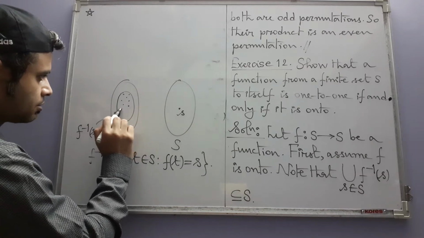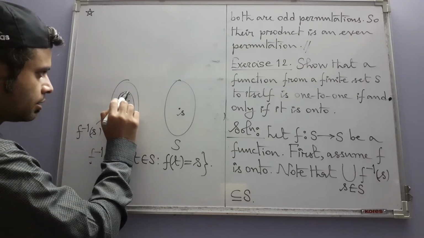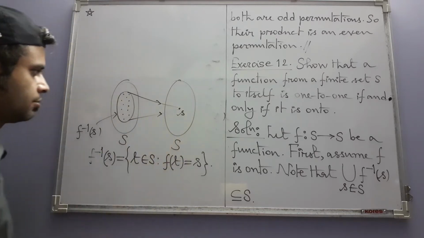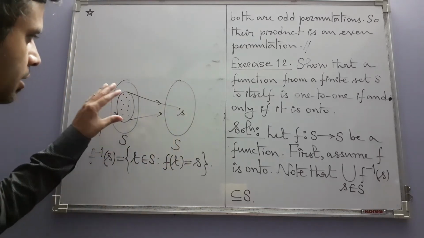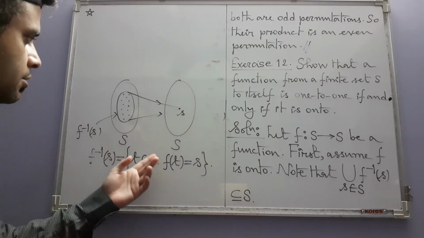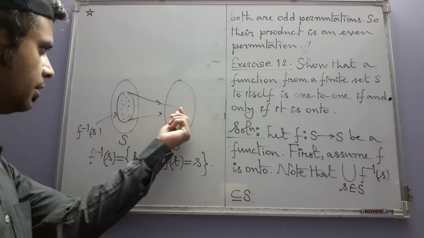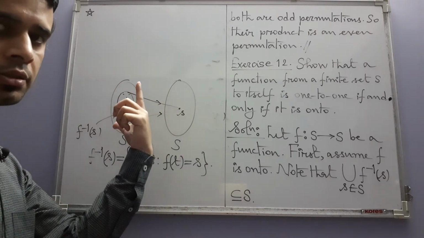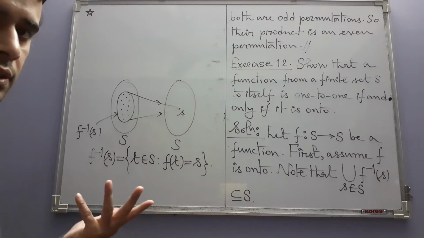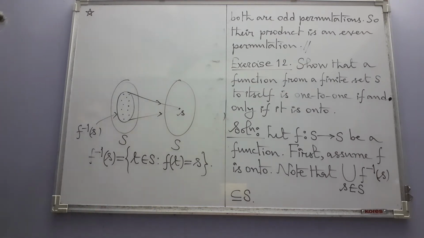The elements in this set all get mapped onto s, and it is the set of precisely those elements that get mapped onto s. So this is the inverse image of s. And this in general is a set, it's not necessarily a single element.